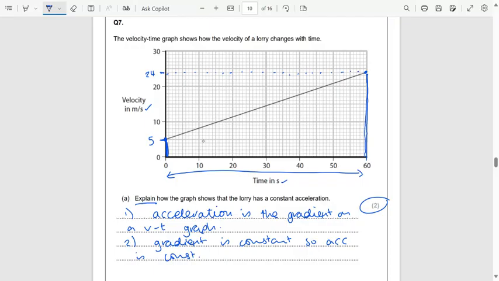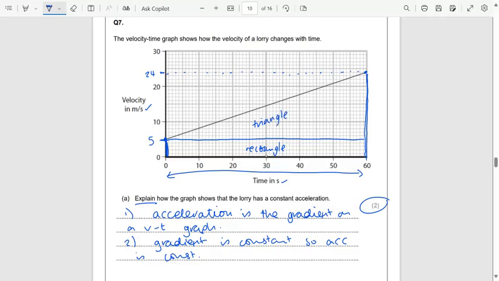Now there's 2 ways of doing this. If you're really confident with your area calculations, you could treat it as a trapezium. However, I suspect quite a lot of people would be more comfortable in splitting this into 2 simpler shapes. So if you're not doing it as a trapezium, we can see that this is made out of a rectangle and a triangle.